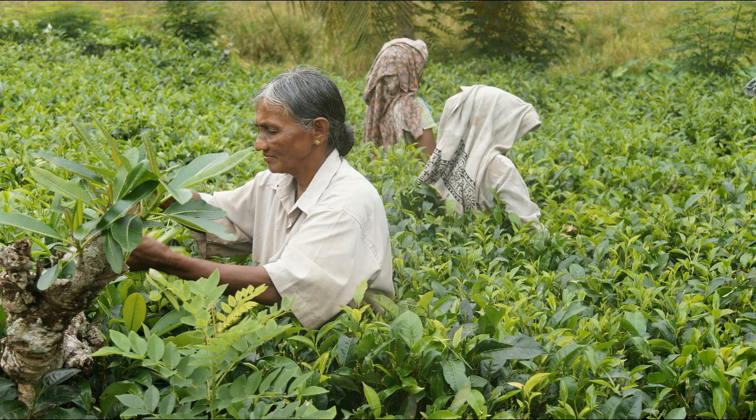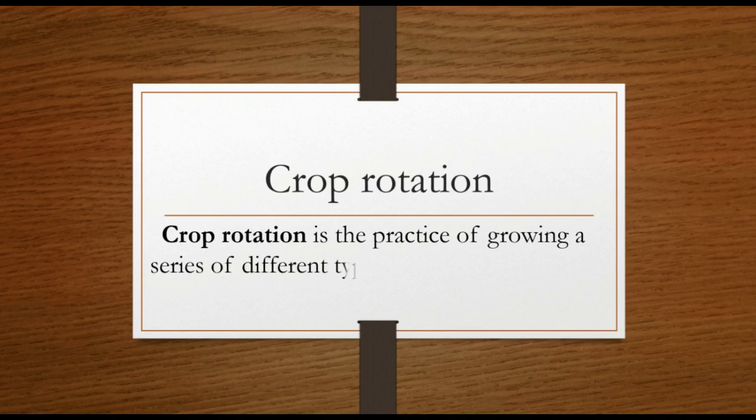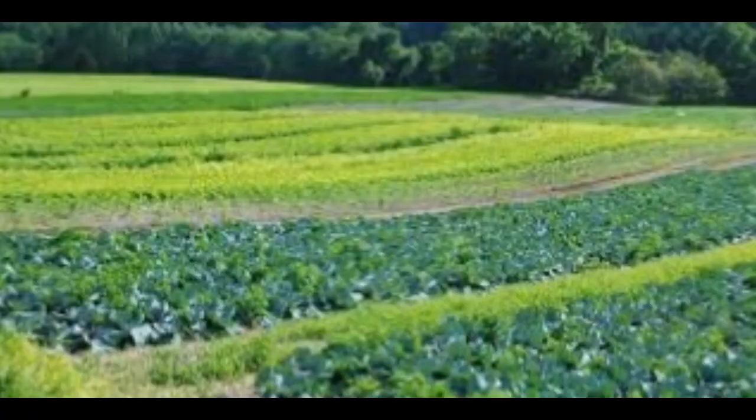Do you know what is crop rotation? Crop rotation is a practice of growing a series of different types of crops in the same area across a sequence of growing seasons. And why is it to be done?